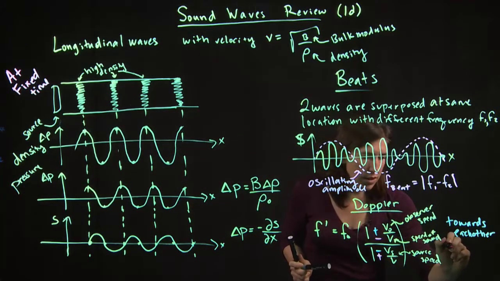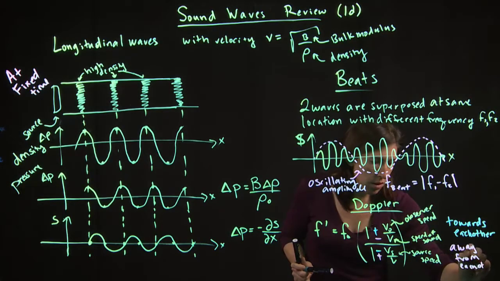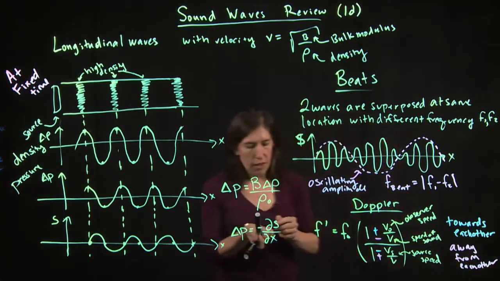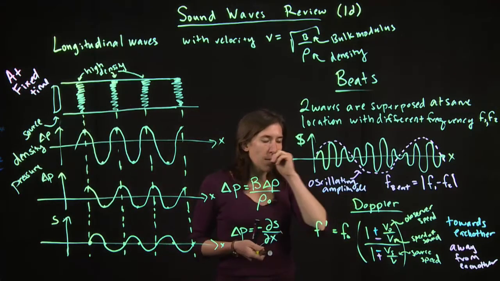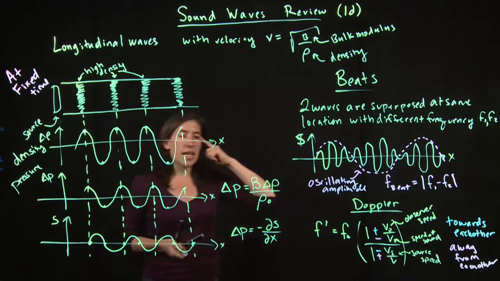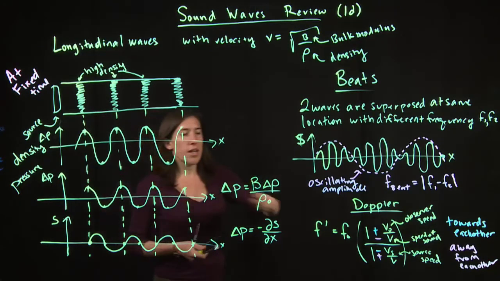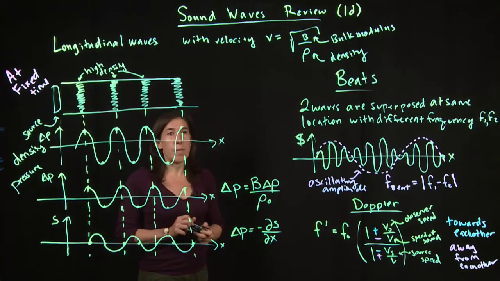The bottom ones are away from each other. You have to be very careful about these signs, but if you just remember that the observed frequency should increase if they're moving towards each other, and decrease if they're moving away, then you should always be able to get the answer right.